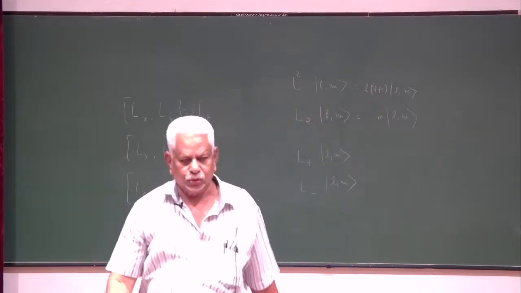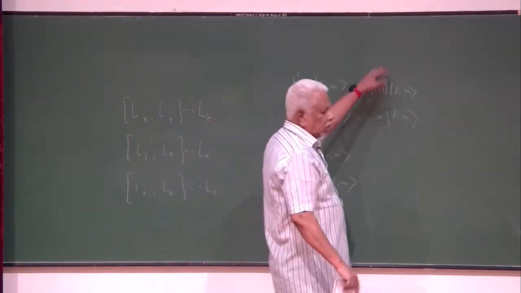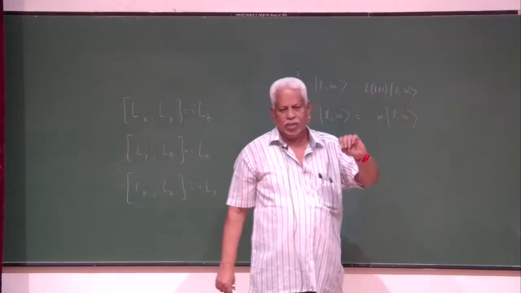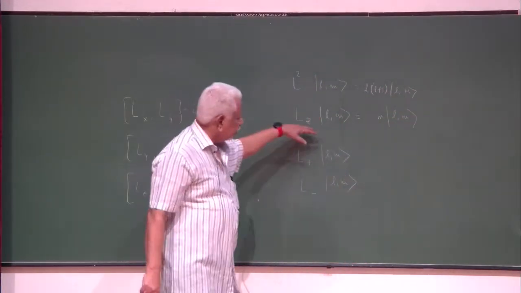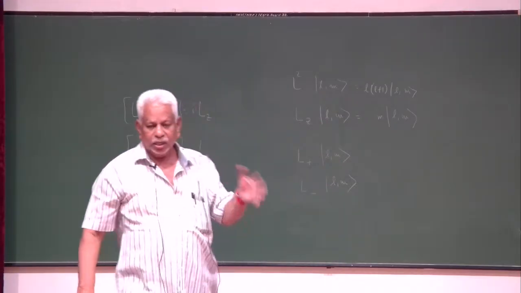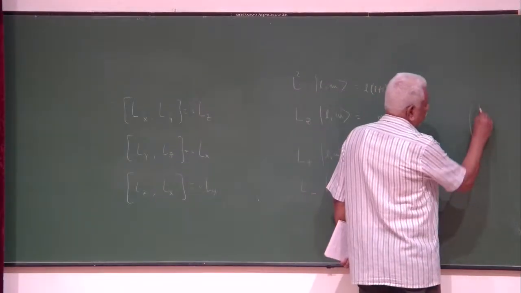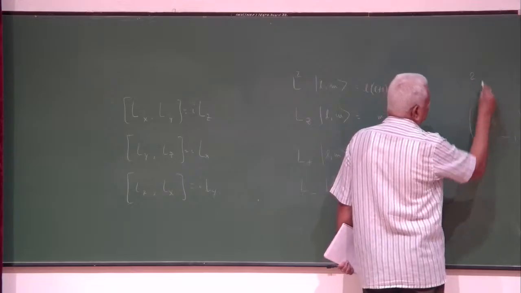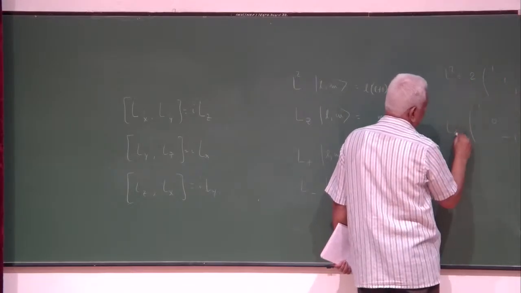All of these are diagonal matrices. L square is an identity matrix with eigenvalue L into (L plus 1) on the diagonal, all the same. Lz is not an identity matrix, but a diagonal matrix. For example, we had 1, 0, minus 1; L square will be 2 times 1, 1, 1, and this is Lz.